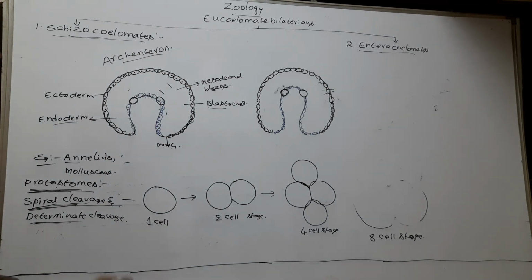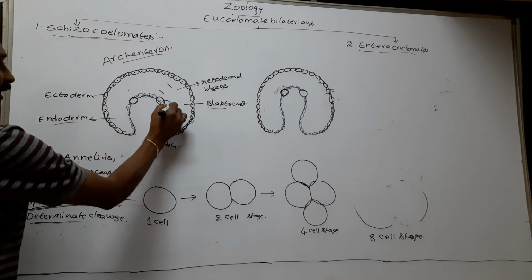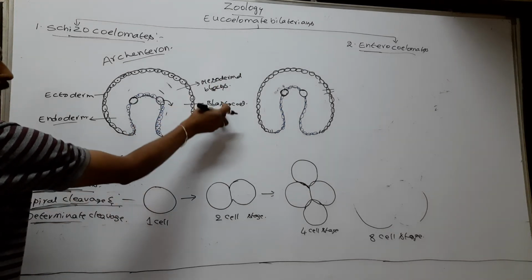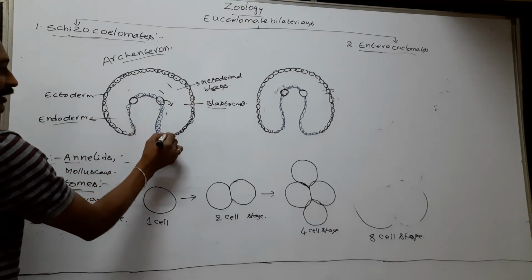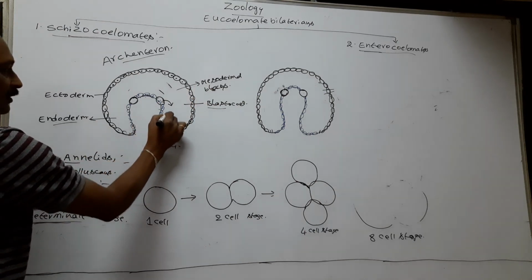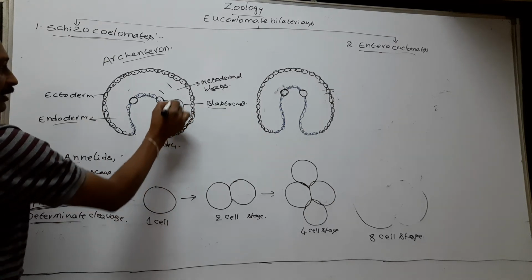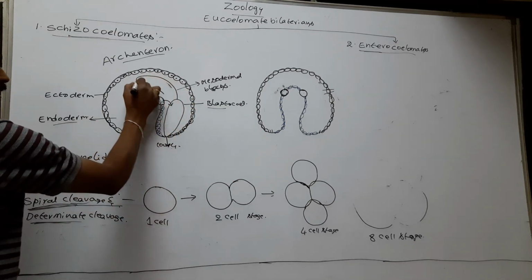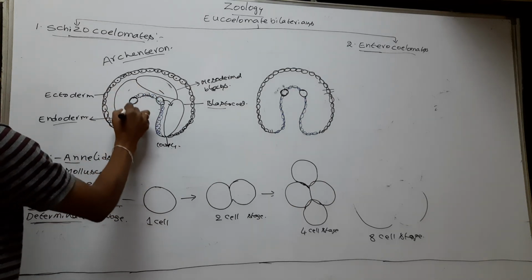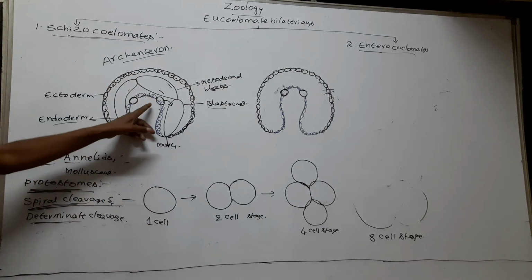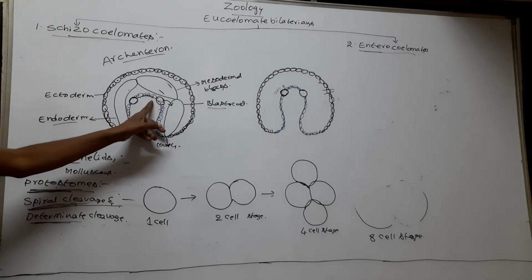These mesodermal pouches are released into the blastocoel between ectoderm and endoderm. So these are mesodermal pouches. These are produced from the archenteron.